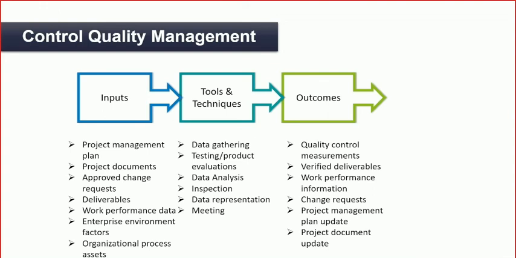The tools and techniques which we use in control quality management are again data gathering, data analysis, inspections, data representation, and meetings. Further, the outcomes of control quality management are quality control measurements, verified deliverables, work performance information, change requests, project management plan updates, and project document updates.